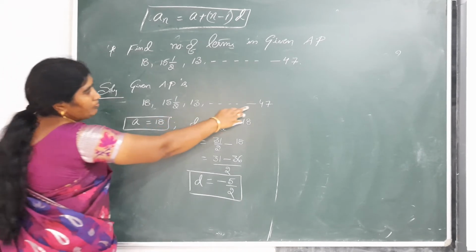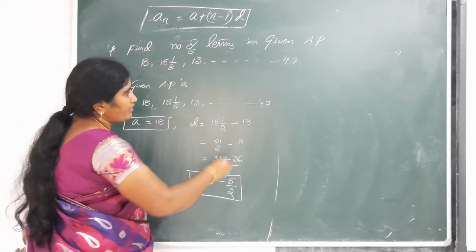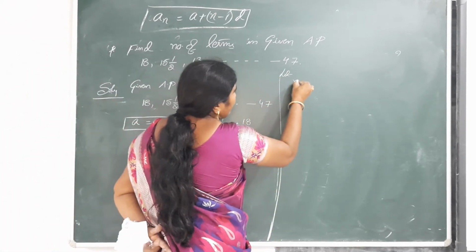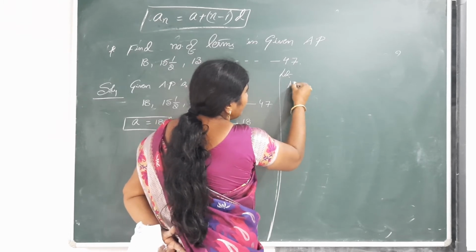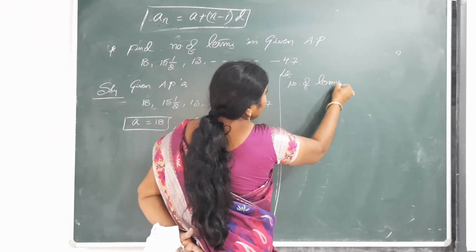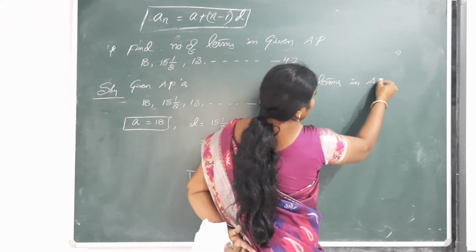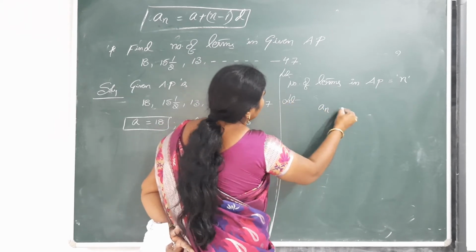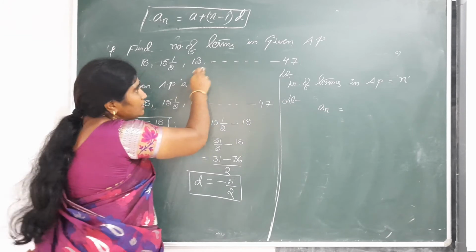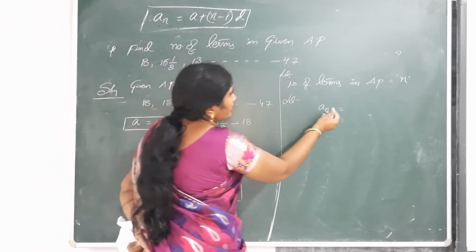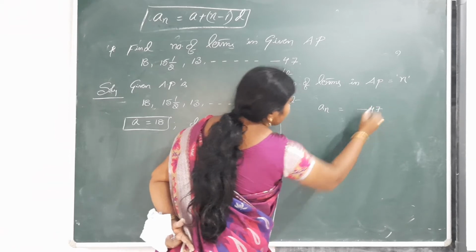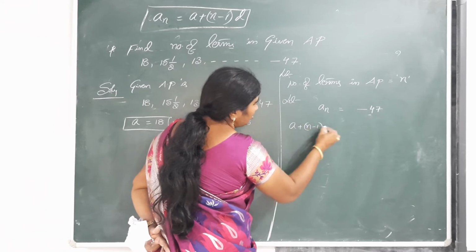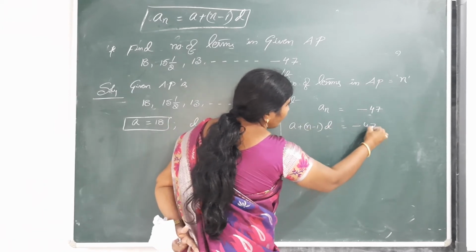Next, the last term equals minus 47. Let the number of terms in the AP equal n. The last term, the nth term An, equals minus 47. We know the formula An equals a plus n minus 1 into d, that equals minus 47.